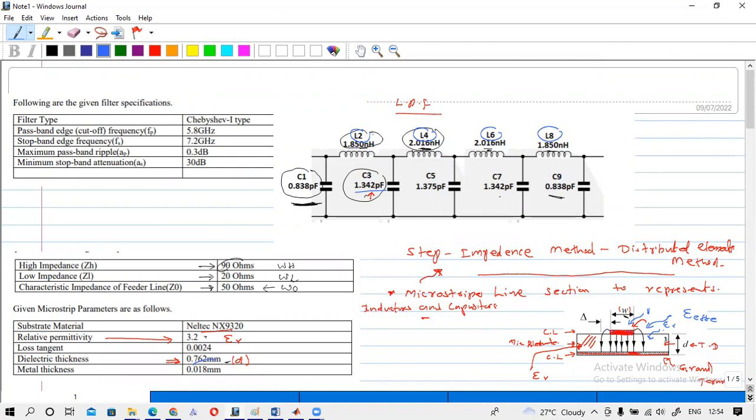Here it is not the length; this L2 I put to represent the inductance L, and C to represent the capacitor. L2 is inductor 2, inductor 4, like that. It is only a naming issue, a naming method, so don't be confused. Anyway, I have calculated the length related with these inductors.